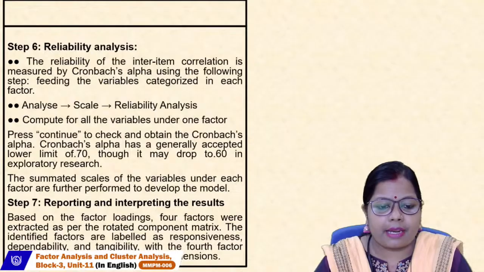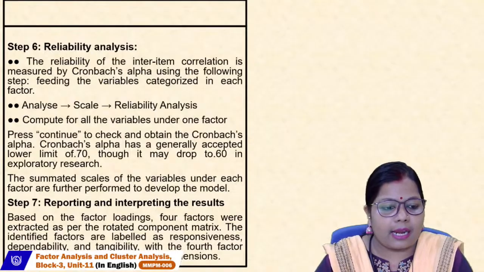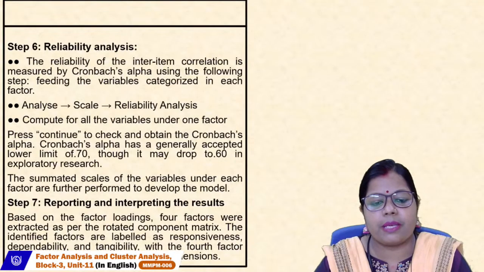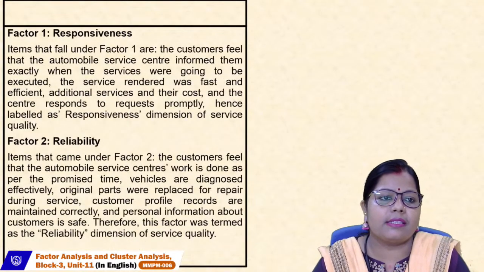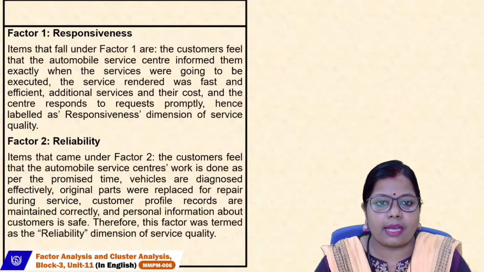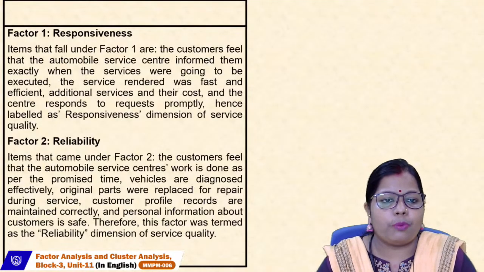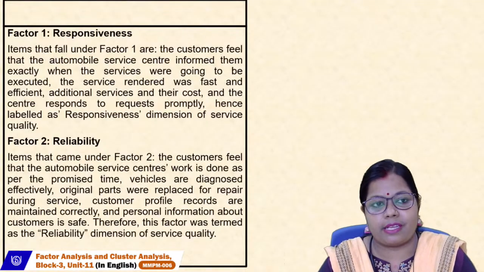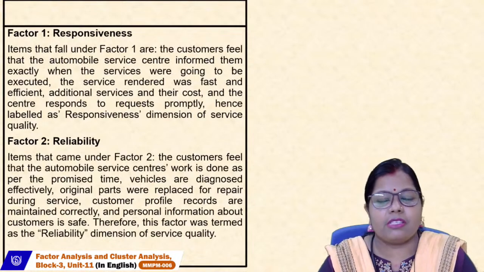These identified factors are labeled as responsiveness, reliability and tangibility, and the fourth combines assurance and empathy dimensions. Responsiveness means that the items under factor 1 are that customers feel the automobile service center will inform them exactly when the services are going to be executed, the service rendered is fast and efficient, additional services and their costs are explained, and the center responds to requests promptly, hence labeled as responsiveness dimension of the service quality.